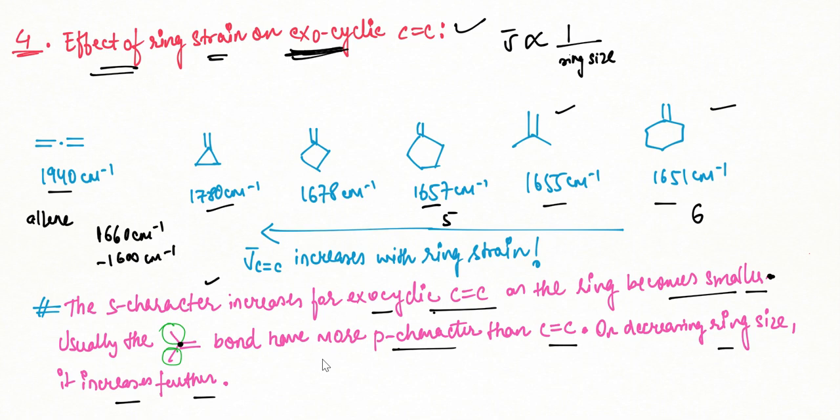If we are decreasing the ring size further, the P character on these bonds increases, and the S character increases for the carbon-carbon double bond, and that is why the frequency increases. So this was a much simpler explanation. We just have to remember that as the ring size goes on decreasing, the S character in the carbon-carbon double bond increases, and hence the frequency, or the wave number, increases with ring strain. Much easier to remember.